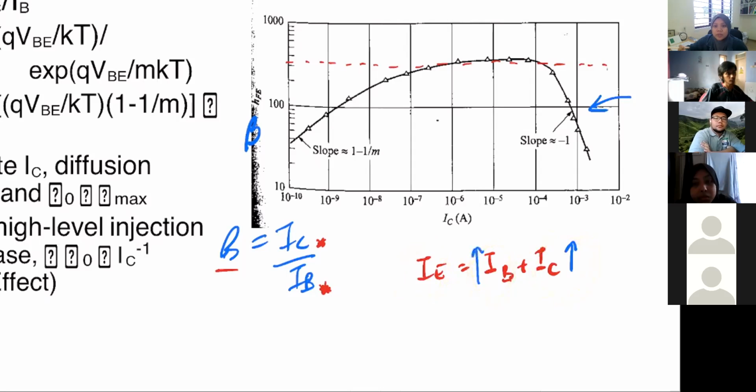Because you have more recombination, more free carriers. So ideally, beta should be constant because beta is just IC over IB. IC increases, IB increases by the same amount. Therefore, beta should be constant.